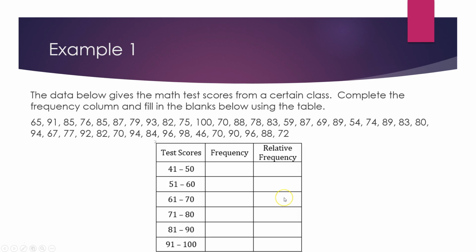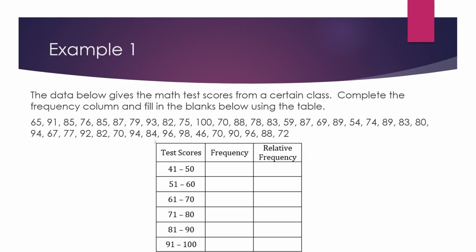In our first example, we're going to be looking at test scores from a math class. The classes are already going to be set up for us, so the goal for the first example is just to set up the frequency and relative frequencies. When I say classes, I'm referring to 41 to 50, 51 to 60, and all the way down. So this example has 6 classes. We've partitioned this data set into 6 different classes.